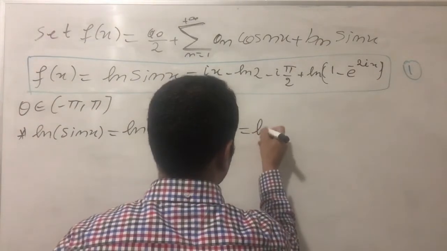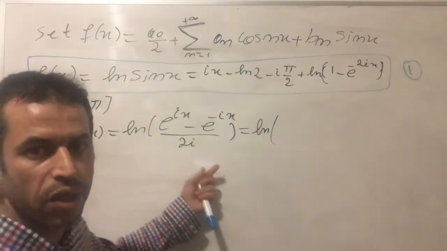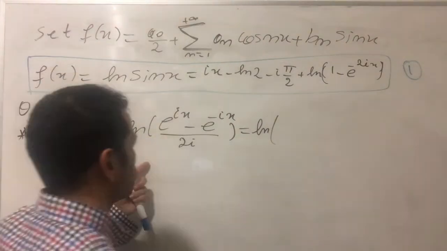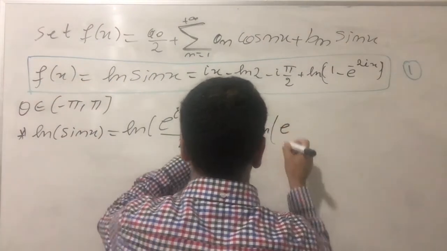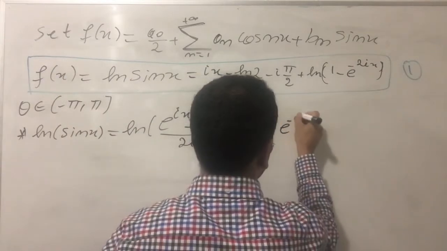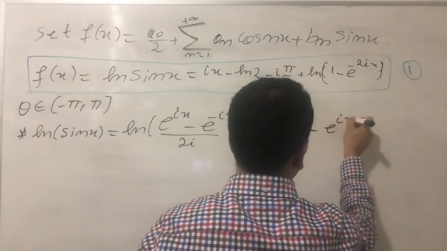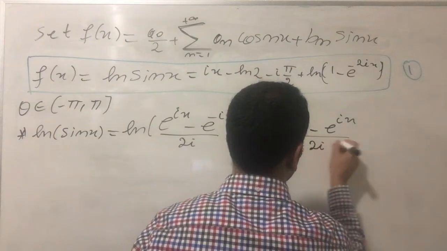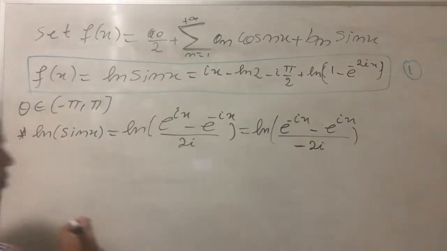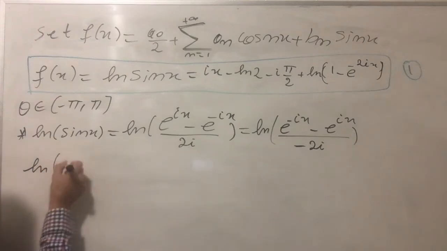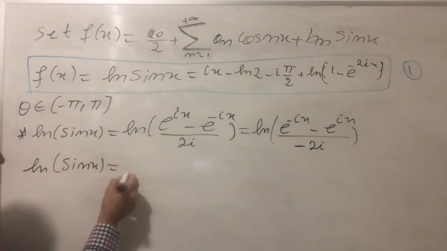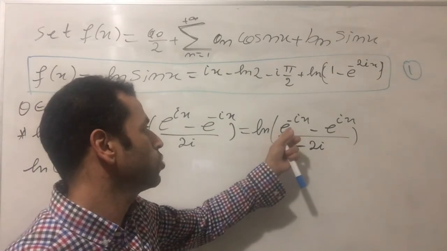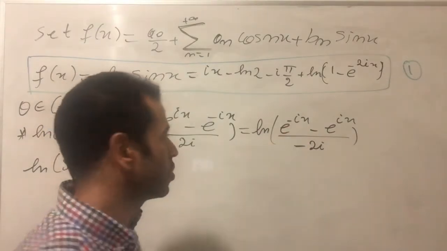So this one equals natural log of, I'm going to use this technique in order to pass through the Taylor expansion. So this becomes minus e to the ix, minus e to the minus ix, over minus 2i, okay? So natural log of sine of x equals natural log of, I'm going to put e to the minus ix as a common factor, okay?